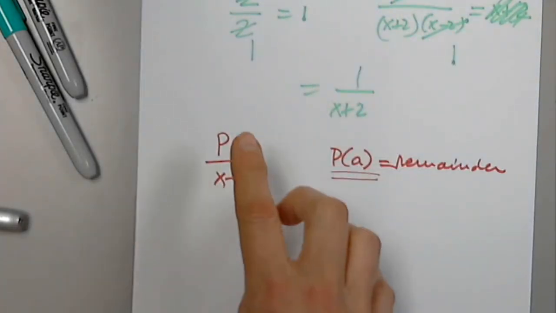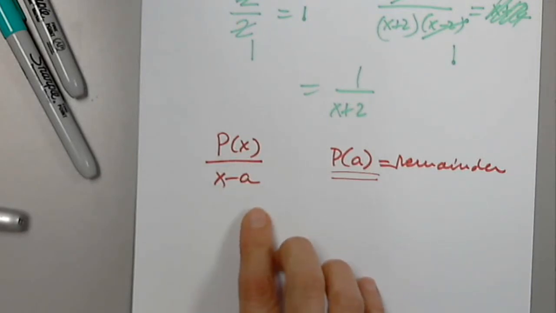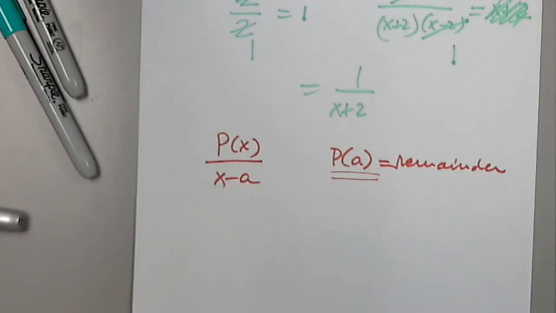That's the remainder theorem. If we look at the division of a polynomial by x minus a, and I'm only interested in the remainder, I can use it. If I'm asked to find the quotient or divide, that's a different story, and I cannot use the remainder theorem. But here I'm only asked, is x minus 2 a factor of P of x?